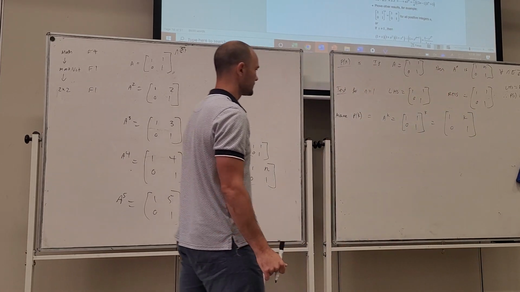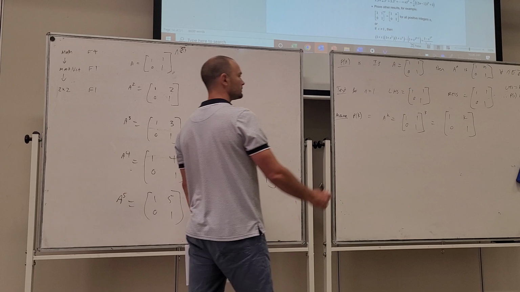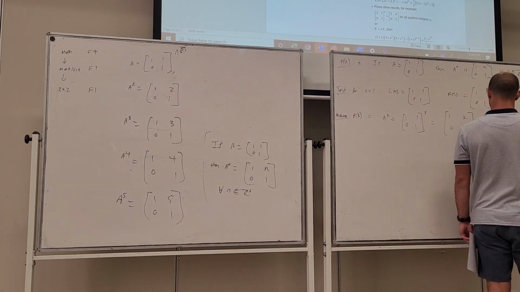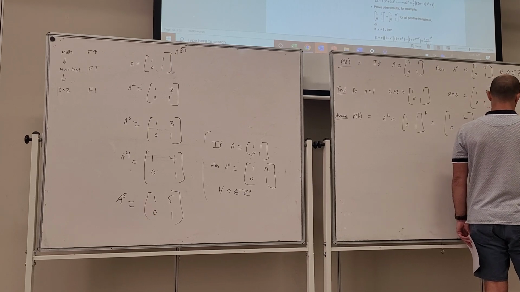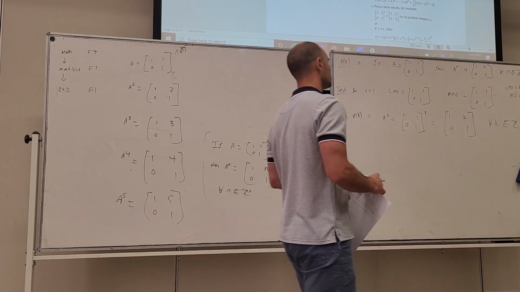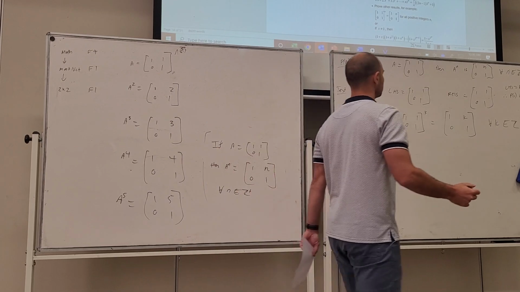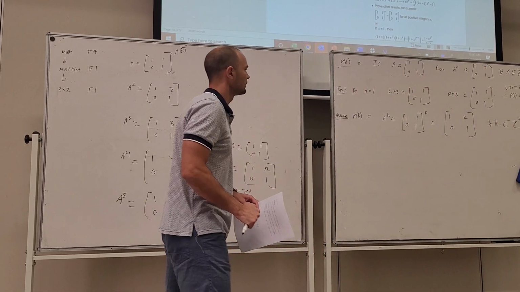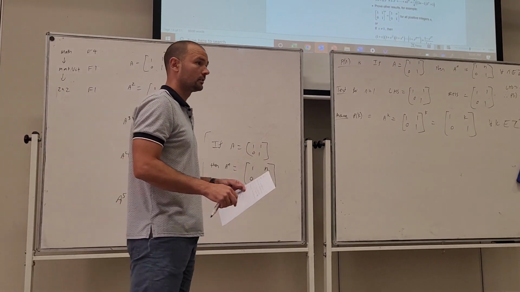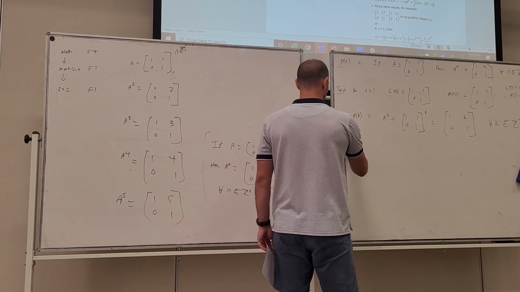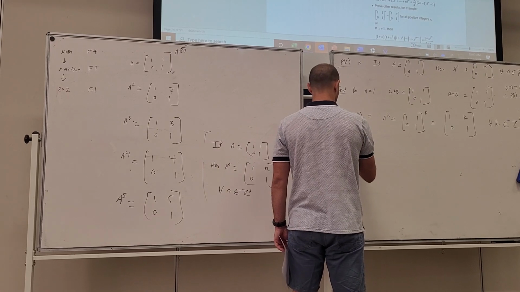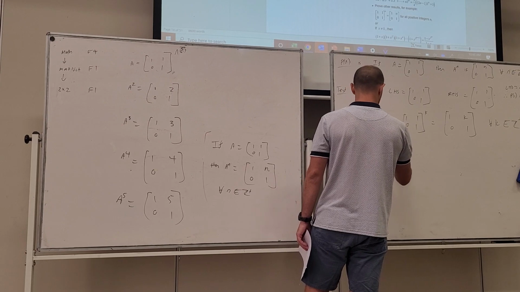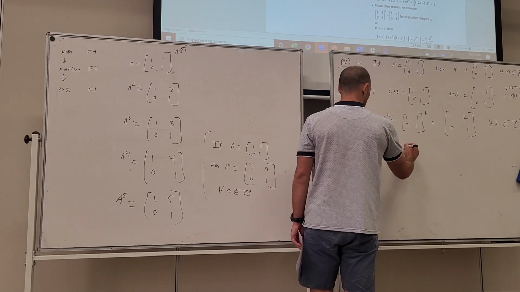Okay, make your assumption for all k a positive integer. Okay. On to the proof. P of k plus 1.